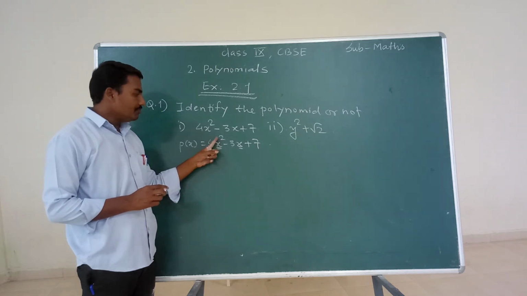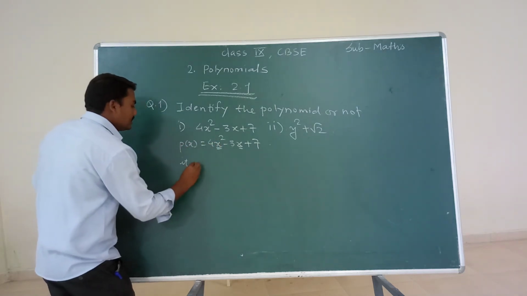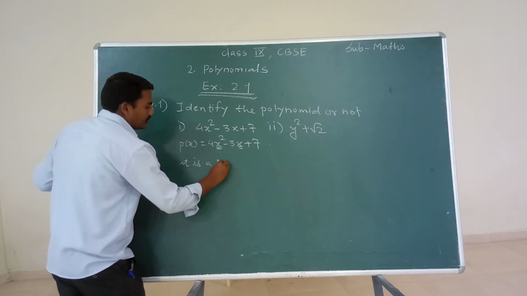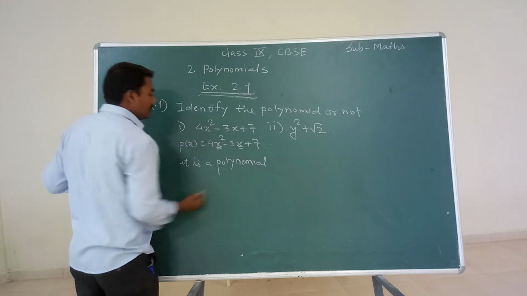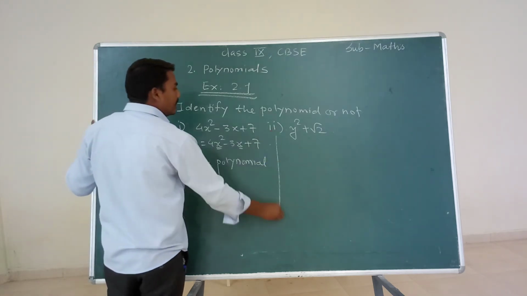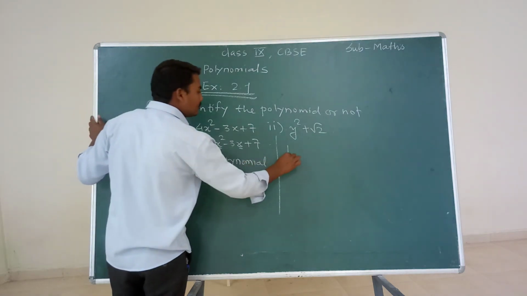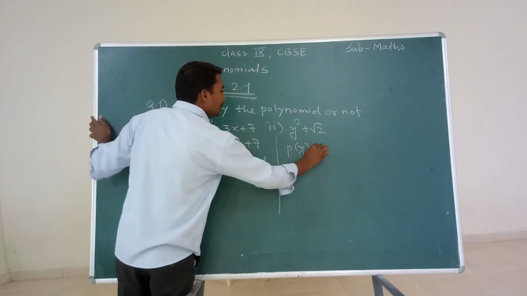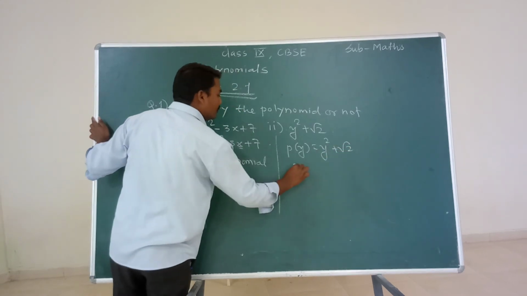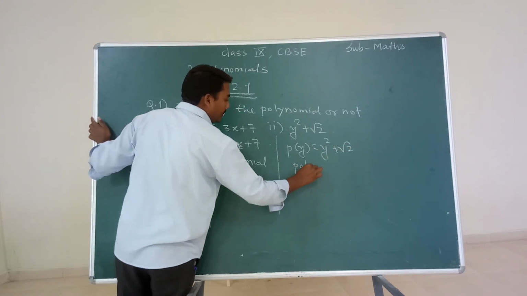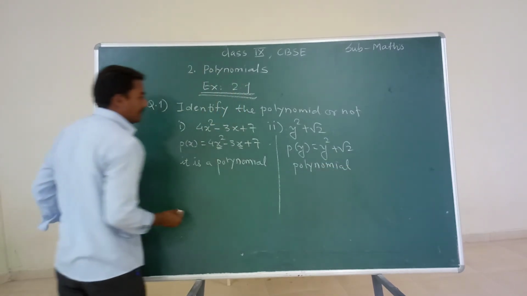So it is positive, power is not negative, that's why it is a polynomial. And here the power of the variable is positive. So that's why p of y, which is equal to y square plus under root 2, is also a polynomial.